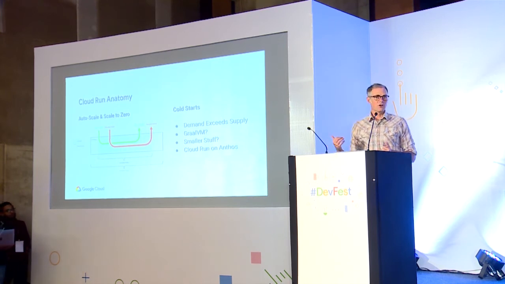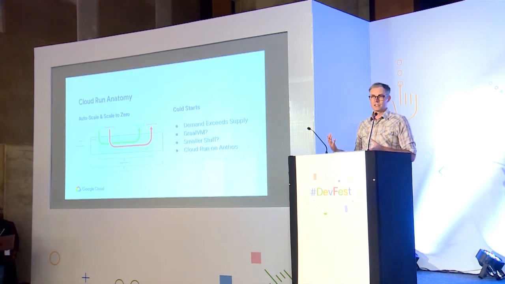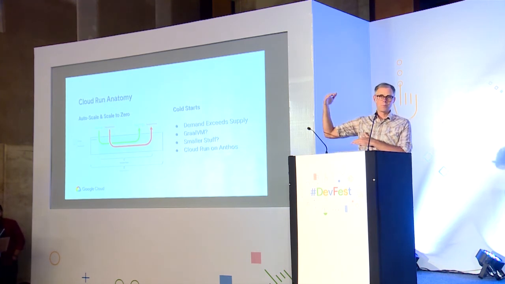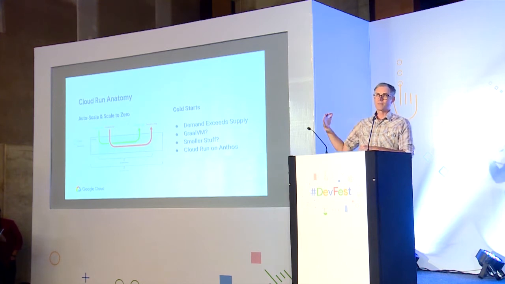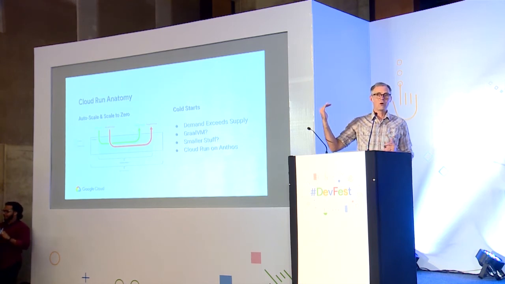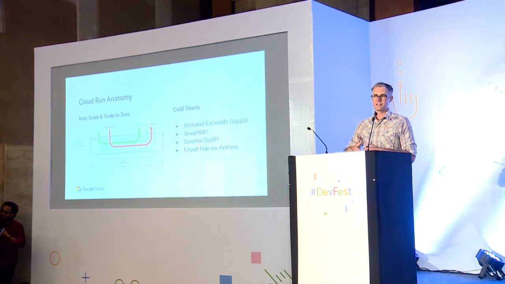Another option, if cold starts are really a problem in your case, is to go with Knative or Cloud Run on Anthos, which allow you to set the minimum number of instances that you want to keep running for your application. If your concurrency is set at, let's say, 80, and you want to make sure that you can handle 80 requests without any cold starts, then you'll set the minimum instances to 1.